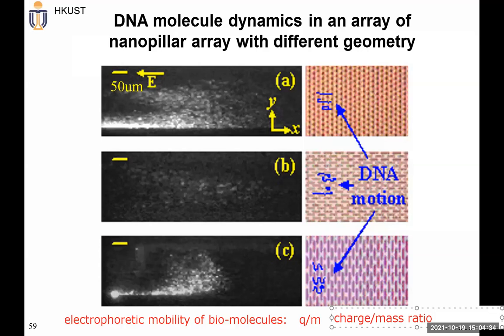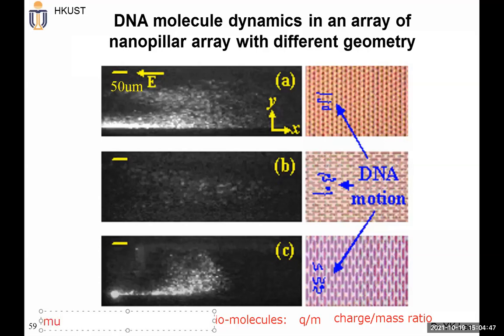Do you understand? I just tell you, this is quite important for biotechnology. Okay, students, you need to understand. Basically, sometimes we use mu. Mu is the electrophoretic mobility. If you apply the voltage, then what will happen? We apply the voltage and generate an electric field.